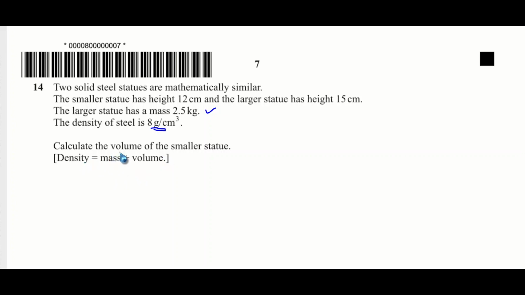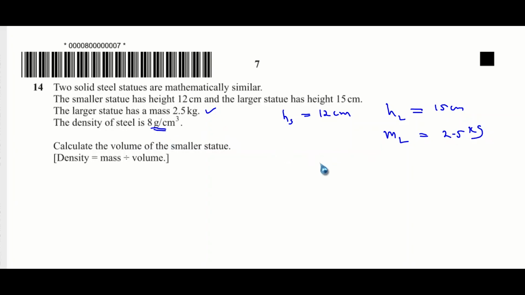Calculate the volume of the smaller statue. Density equals mass over volume. So we can say the height of the smaller statue, denoted by this, is 12 centimeters, and the height of the larger statue, denoted by this, is 15 centimeters, and the mass of the larger statue is 2.5 kilograms.